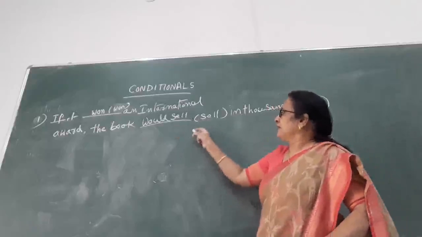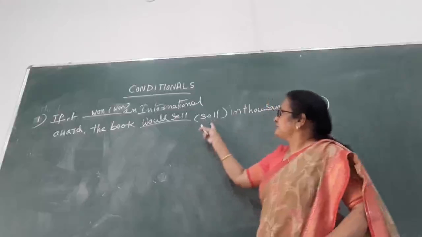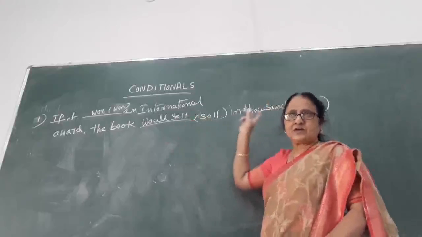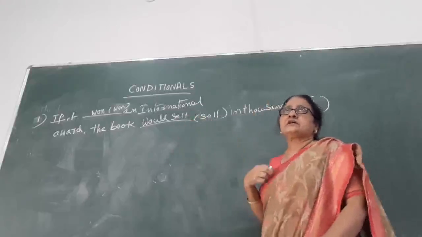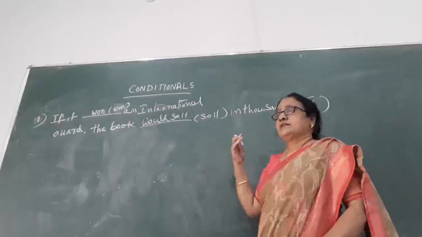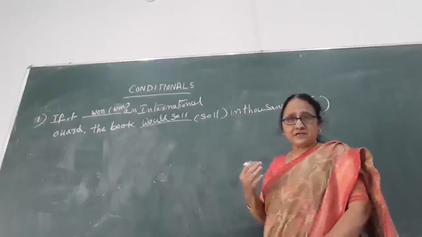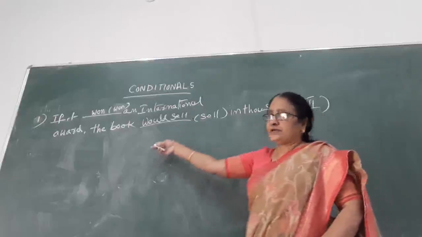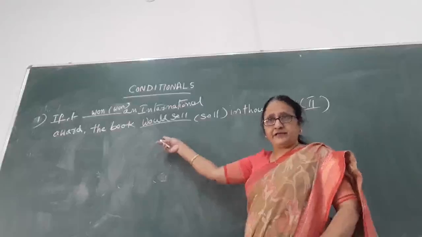That's why sell becomes would sell. Understand? So you have to see which condition it is, whether third, mixed, second or zero, and according to that you have to write it properly.